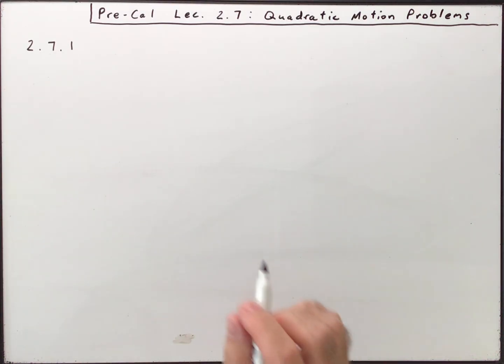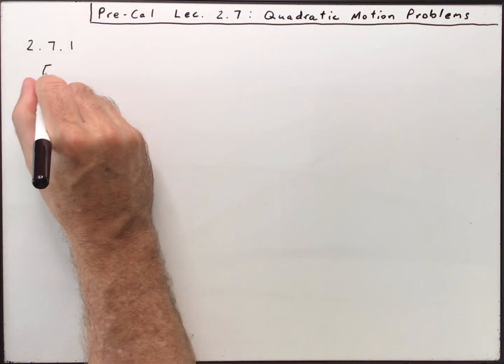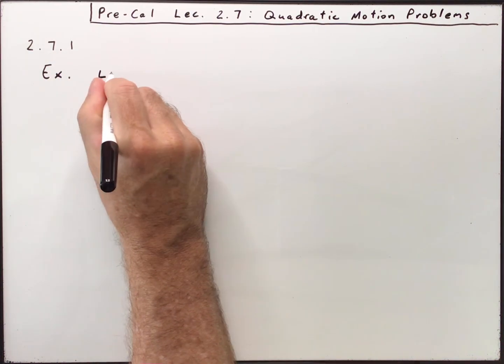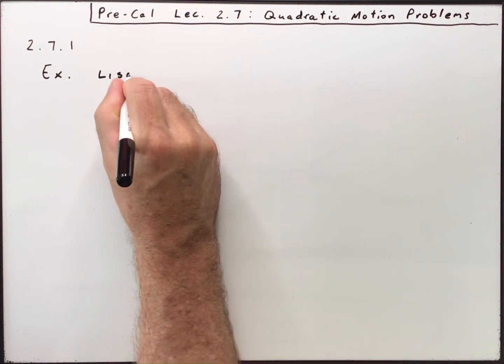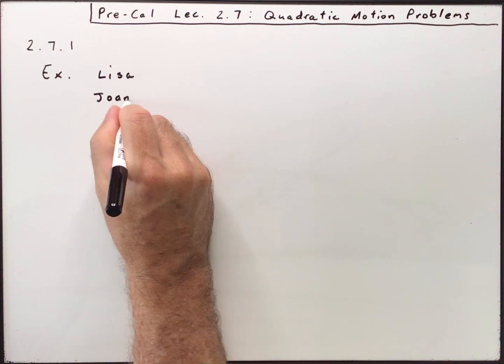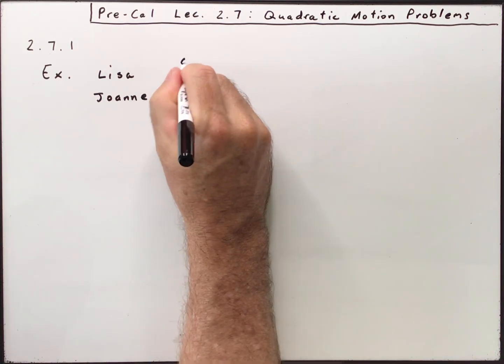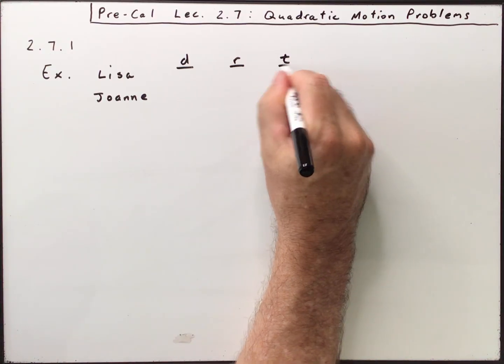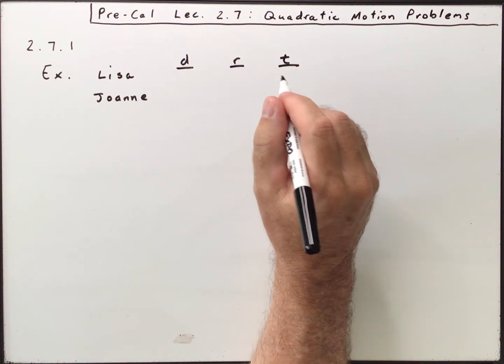Okay, well, let's make a distance equals rate times time chart. And we will label it as Lisa and Joanne. We've got distance, rate, time. Okay, let's read through it.